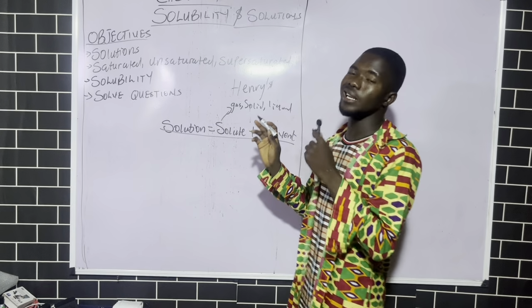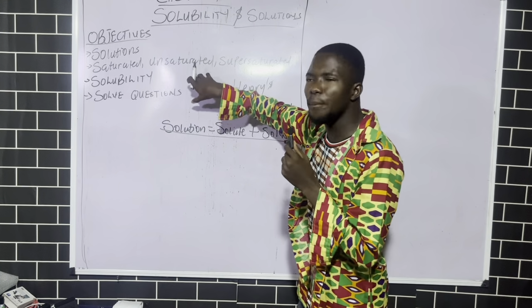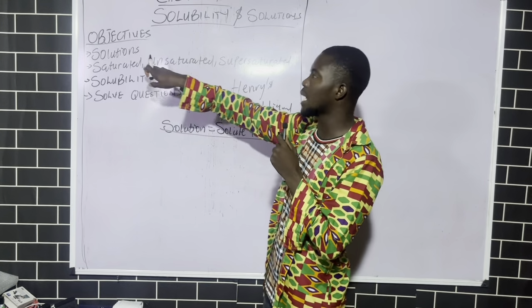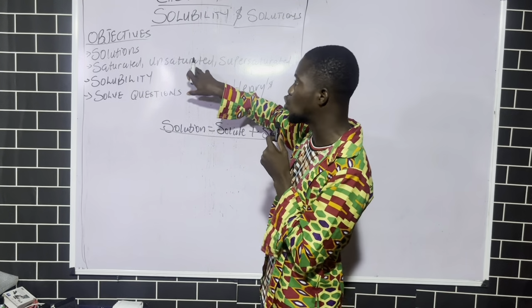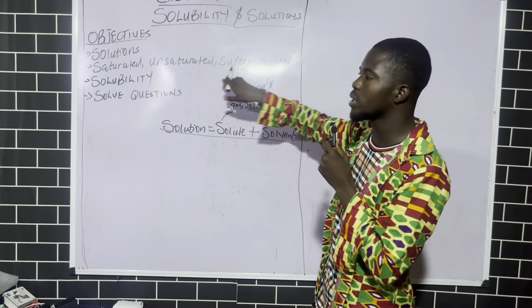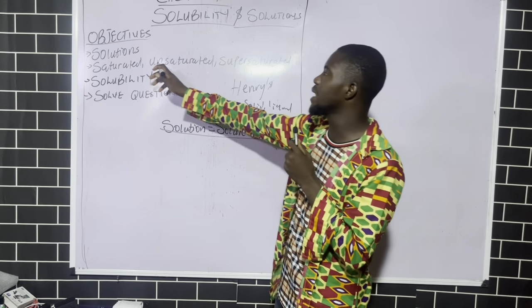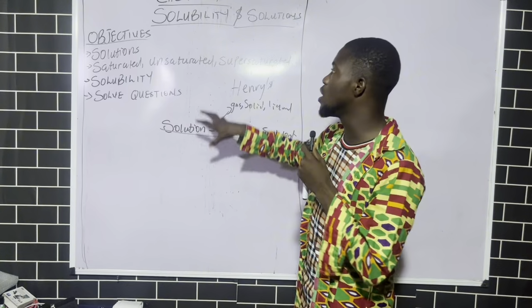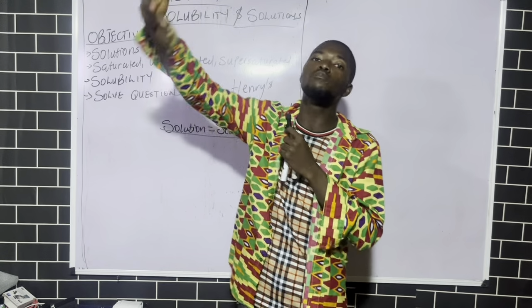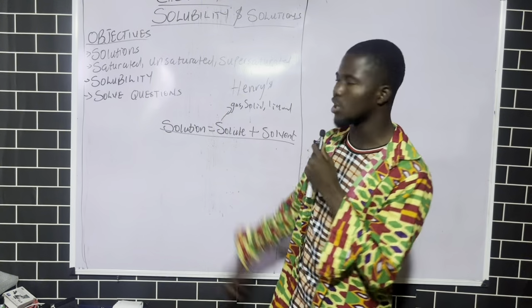I only said that quickly so that we can understand that temperature is a key factor in determining the solubility of substances in solution, like saturated, unsaturated, and supersaturated. So like I said earlier, at a given temperature, a solution that can still dissolve much more solute is what we call unsaturated.